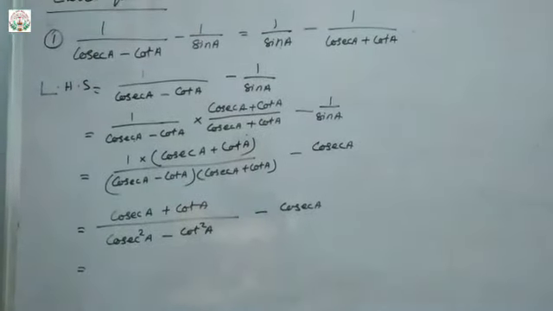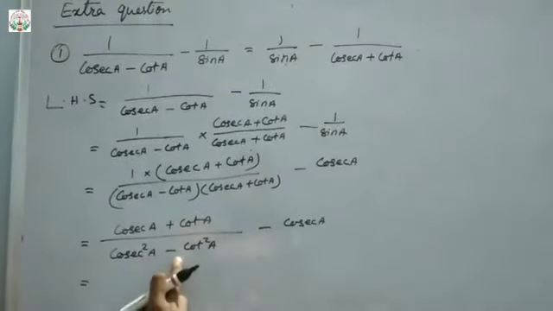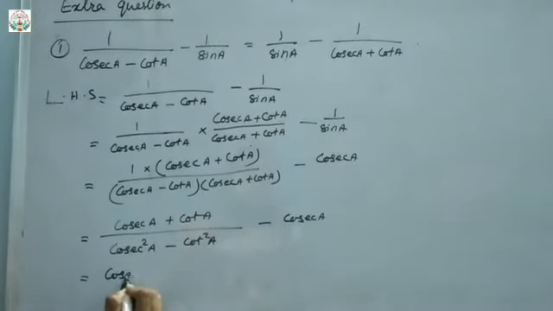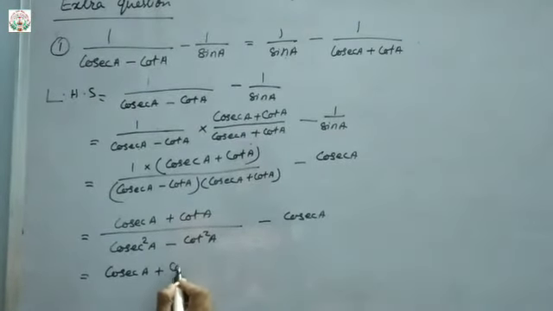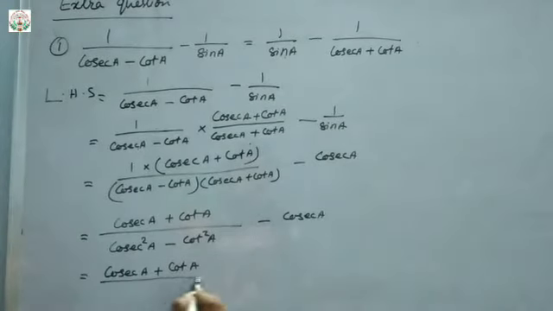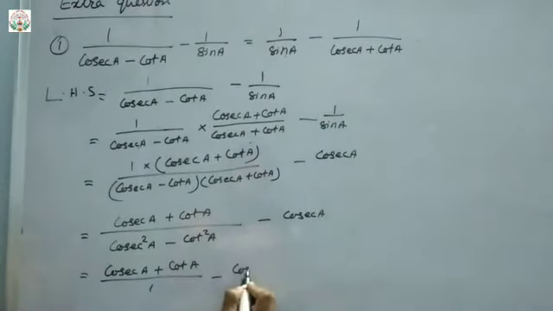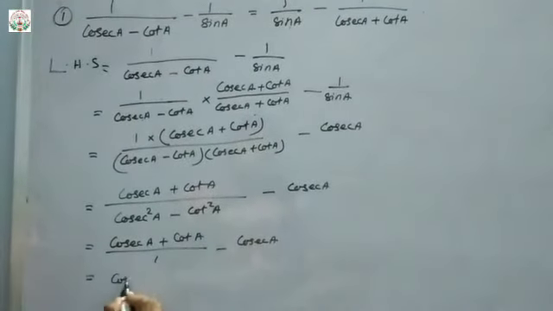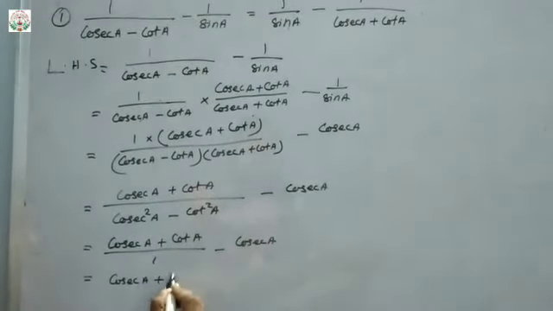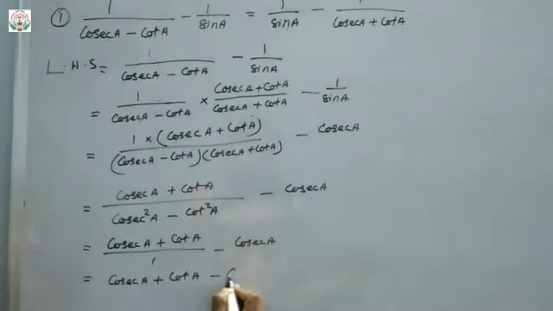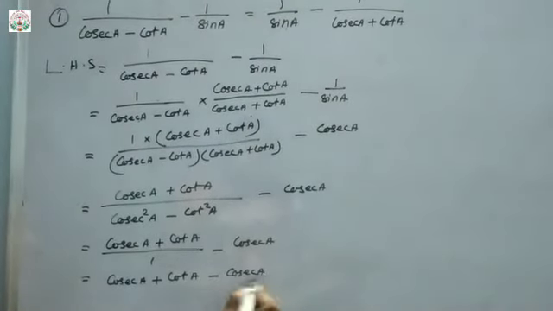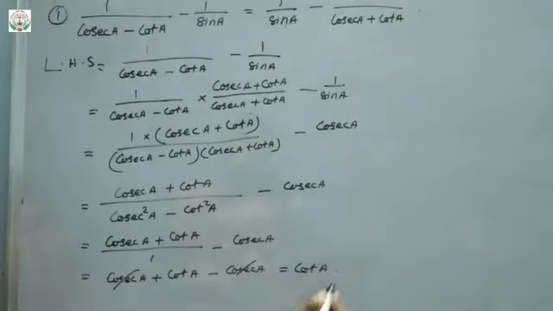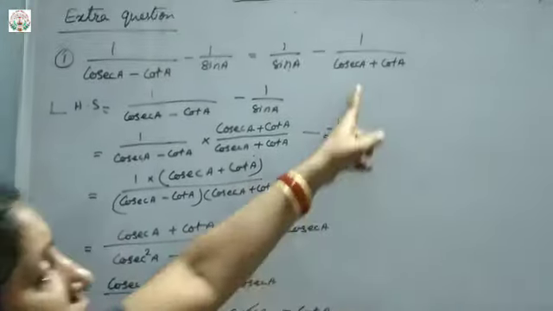Formulas I gave you, cosec square a minus cot square a equals 1. So that will be cosec a plus cot a upon 1 minus cosec a, which is equals to what? Cosec a plus cot a minus cosec a, cancel. So what I will get? Cot a.